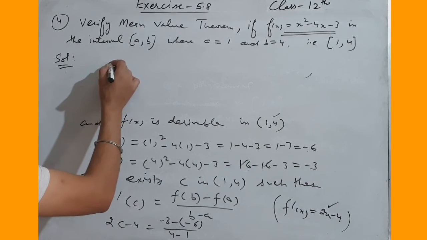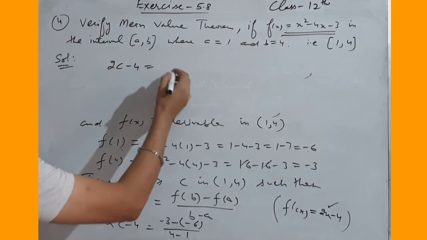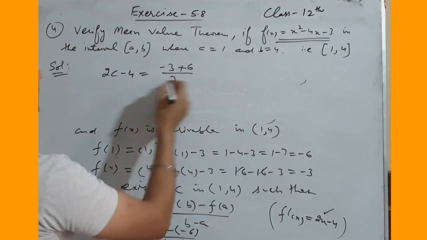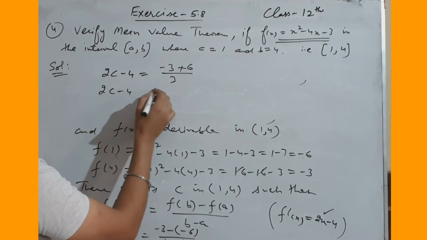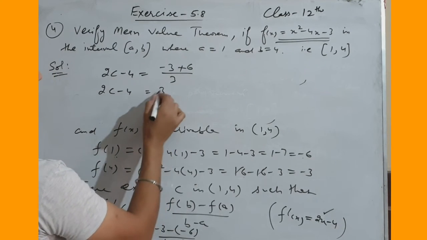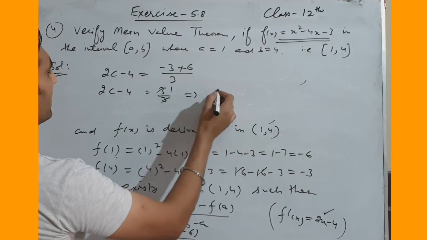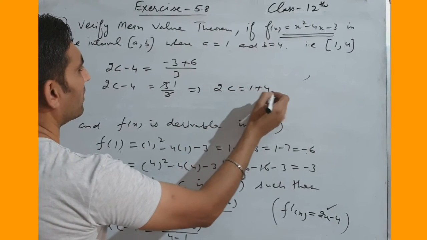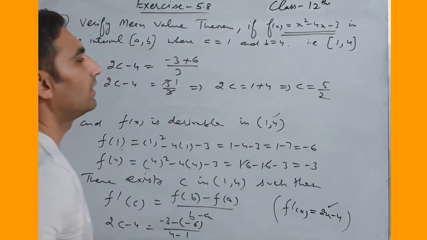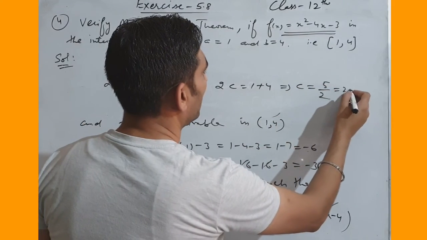So you have 2c minus 4 equal to minus 3 plus 6 over 3, or 2c minus 4 equal to, here you have 3 over 3 which will give 1, or we can say 2c equals 1 plus 4. Lastly I am able to say c is equal to 5 over 2, and 5 over 2 means 2.5.